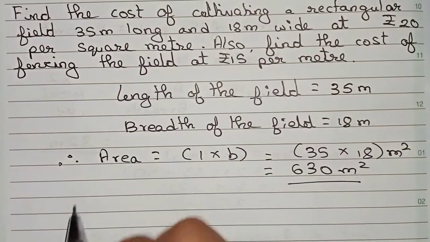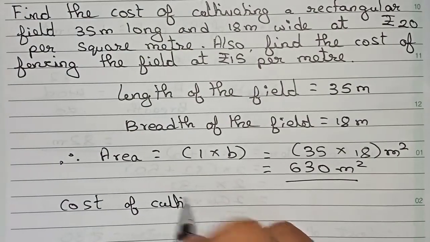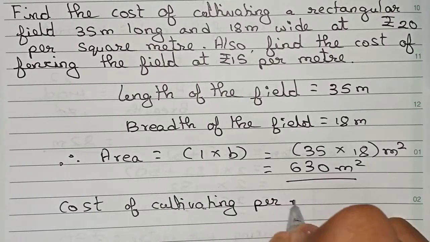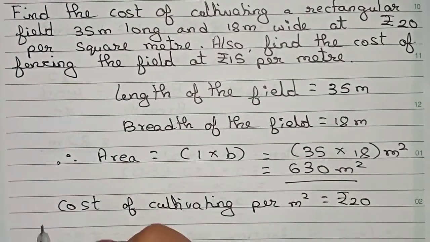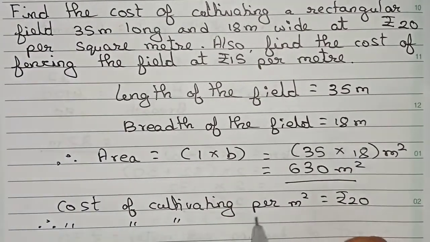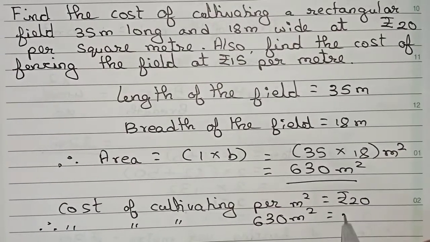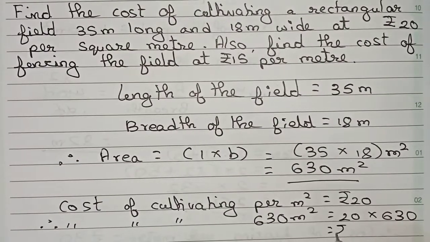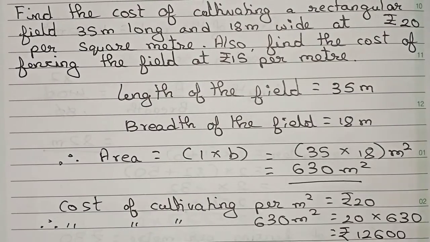Now I write that cost of cultivating per meter square is given rupees 20. So now the cost of cultivating 630 meter square, it becomes 20 into 630, which is equal to rupees 12,600. So this is the cultivating cost.